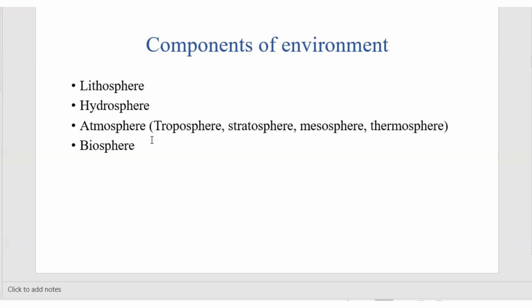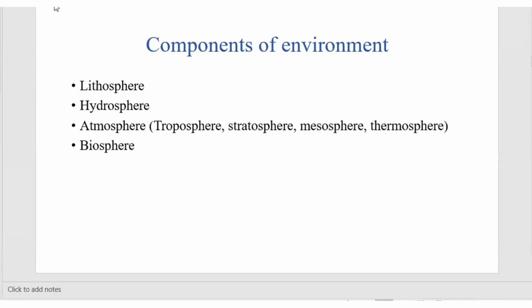Earth is the only planet in the solar system which has so much diversity, and life has been possible because of the healthy interactions which exist between the biosphere and all these three other components of the environment.